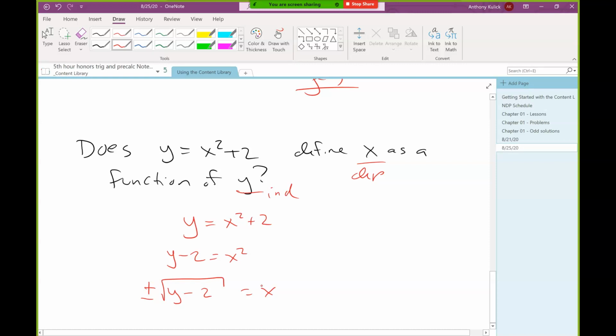So now here, if you pick almost any value of y, that's the independent variable, how many values are you getting for x? 2, right? In almost all cases. What's the one case where you don't get two values? Well, when y is 2, right?